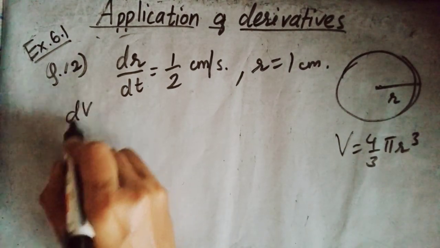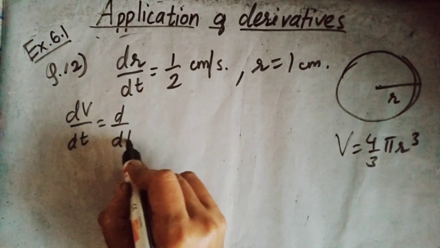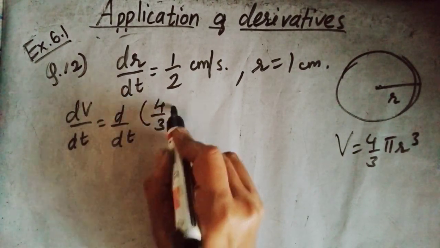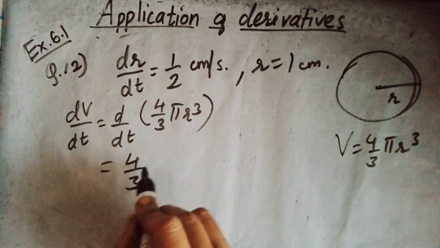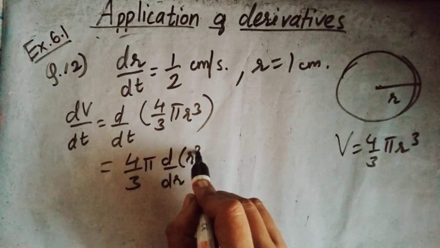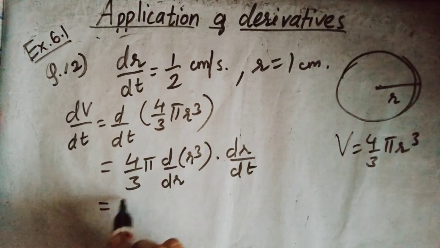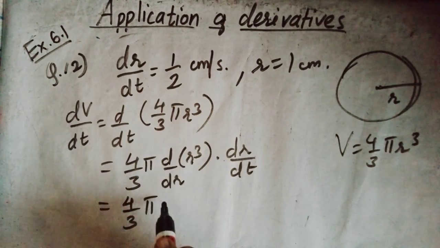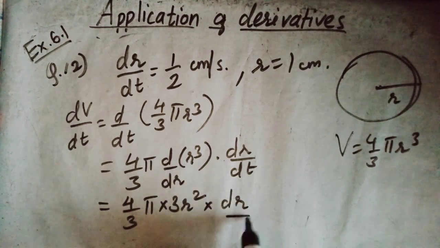So take dv by dt, so d by dt of 4/3 pi r cube. So 4/3 pi, you have to differentiate with respect to r and with respect to t. So this will be 3r square into dr by dt.